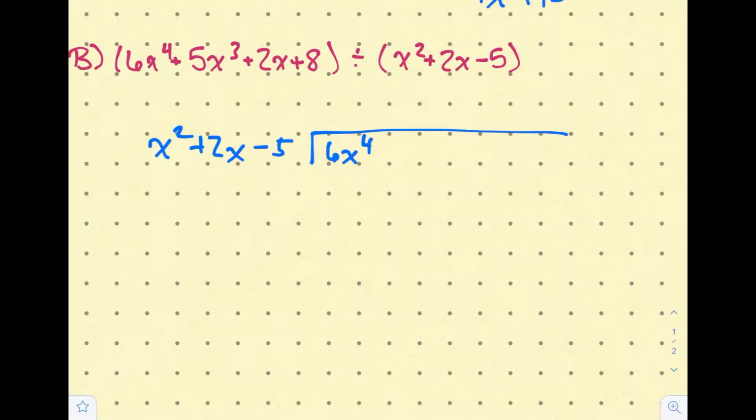However, one thing to notice is that there's no x squared term. We jump straight from x cubed to x. Because as we're doing subtraction, we might end up with an x squared we need to pay attention to, I'm going to include a 0x squared, just as a placeholder.